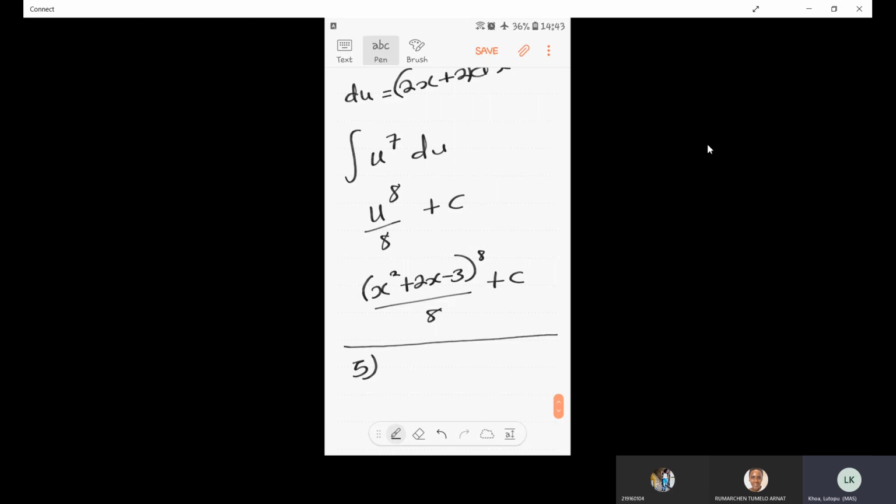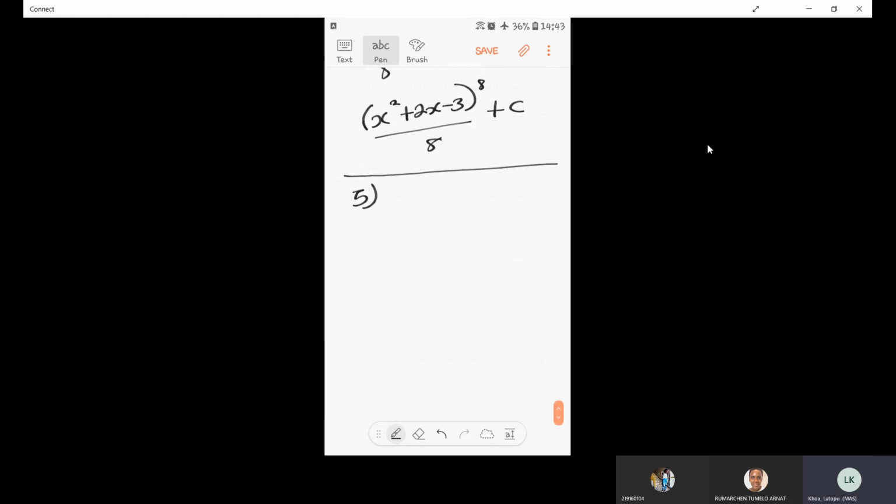Number 5. Then the integral of sine to the power of 5 of theta, cos theta d theta. So looking at this, I can let u equal sine theta.